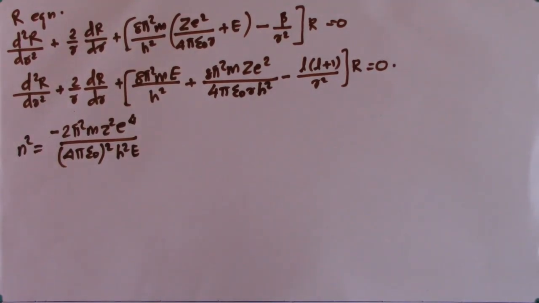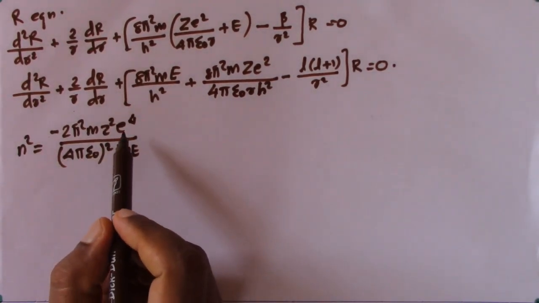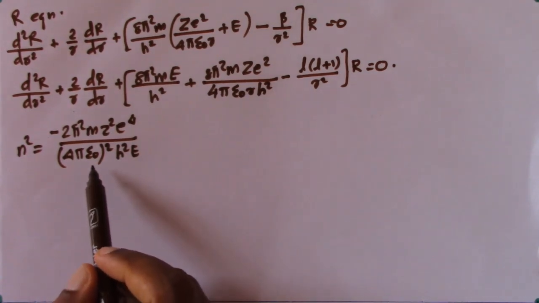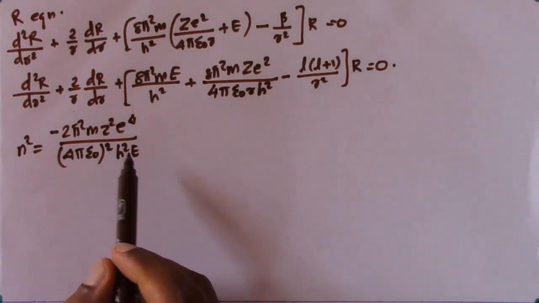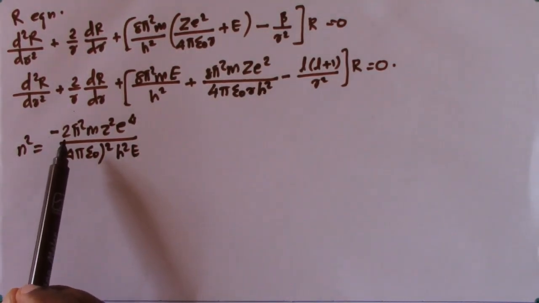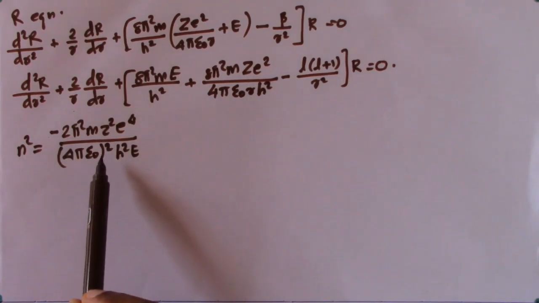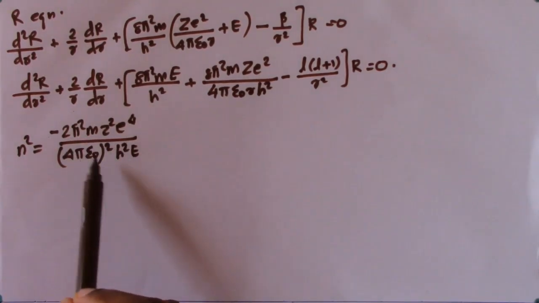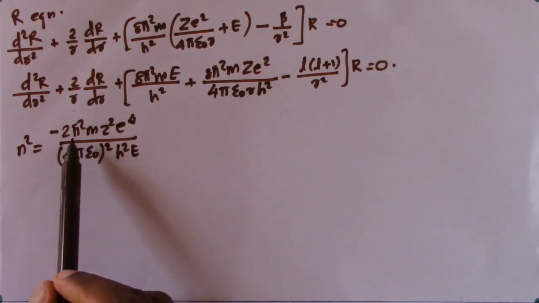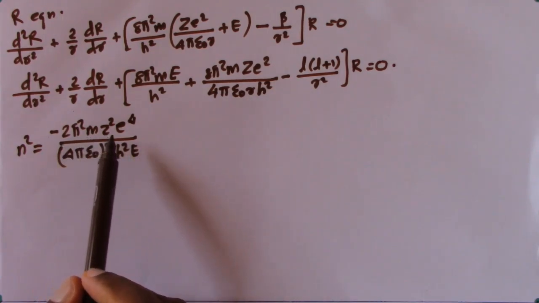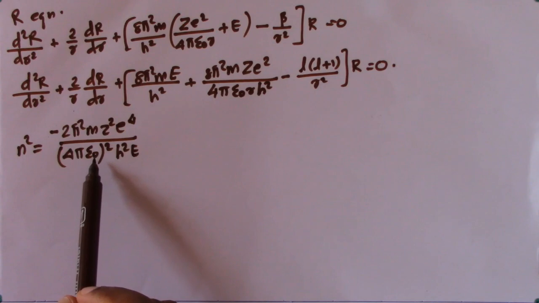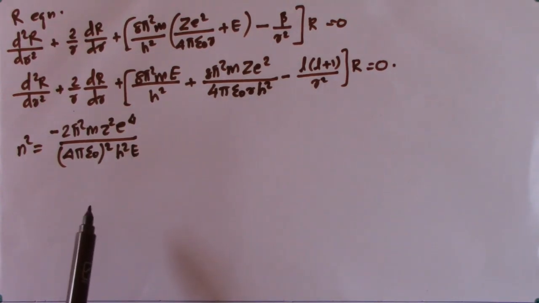So n square is equal to minus 2 pi square m z square e raised to 4 divided by 4 pi epsilon 0 square h square E. You can see that almost all the parameters inside this term are constants: pi, m, z, e, epsilon 0, h, all are constants.